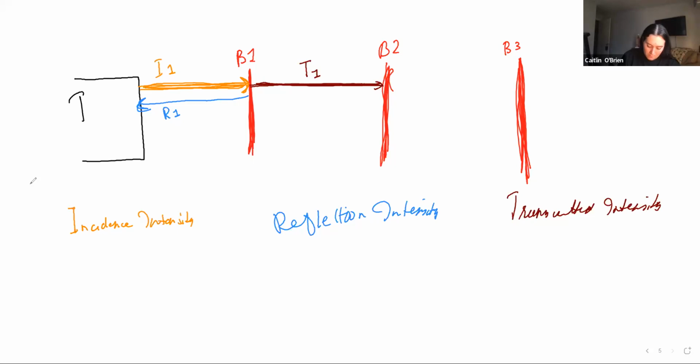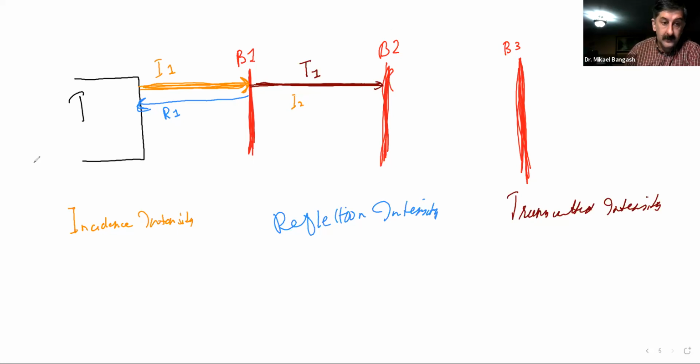Now, this first transmission, which is what is left of the first incidence after the first reflection, we can also call our second incidence, because it is heading towards the second boundary.